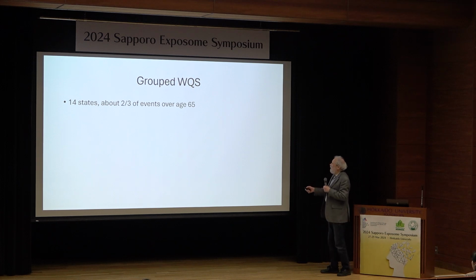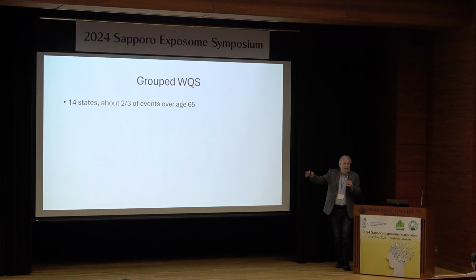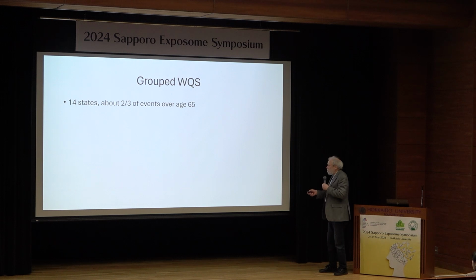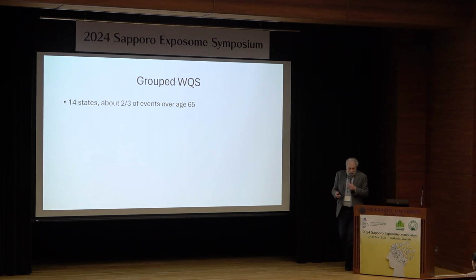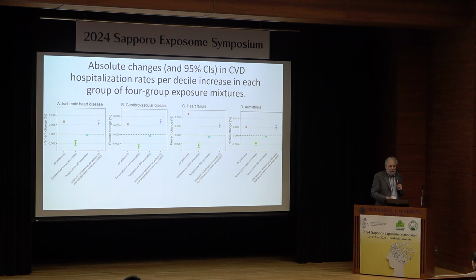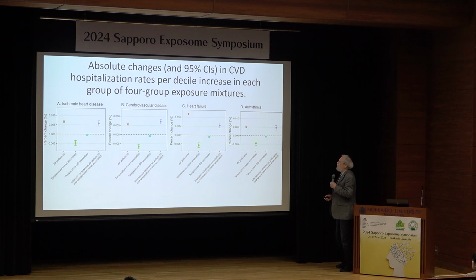So one way around that is to divide the data into groups of variables. One group could have positive signs, another group could all have negative signs, etc. So we had data from those 14 states I mentioned, and about 2/3 of the events I'll show you are in people over 65. So this is looking at cardiovascular disease, which is also an issue for people over 65.